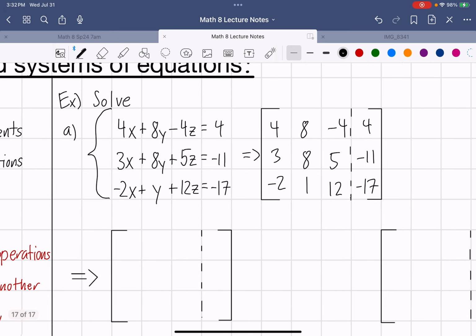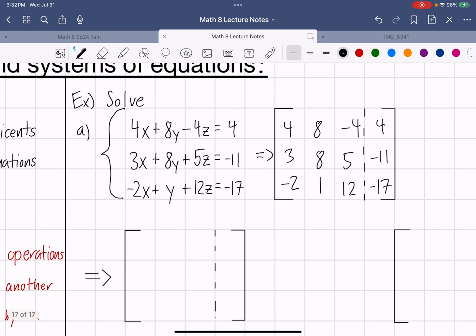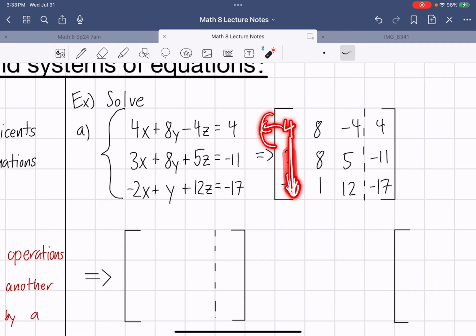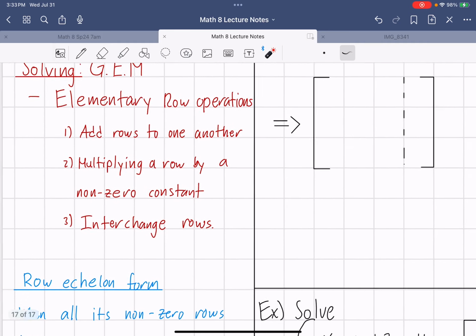Now, the idea is to get into row echelon form. So what does that mean? I go to the first row, and the very first number is not a 0. So that means I want to get everything below this number into 0 to the left and below, but there's nothing to the left, right? That's the idea.